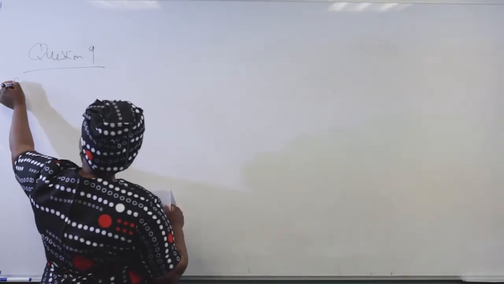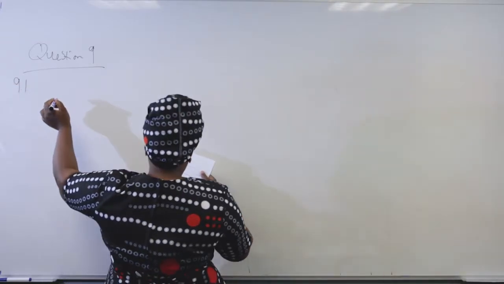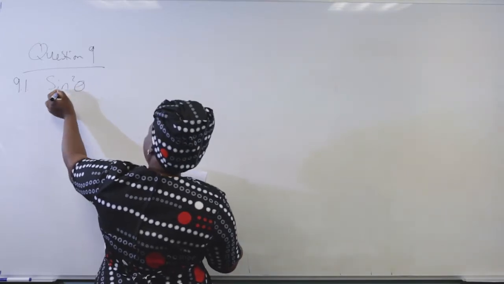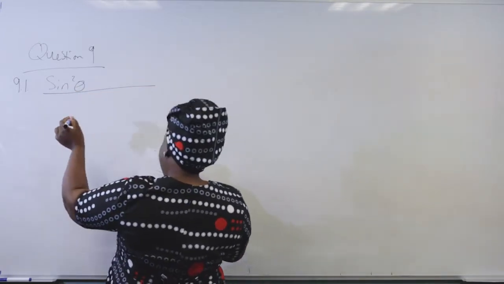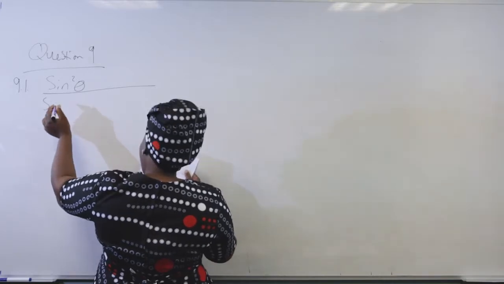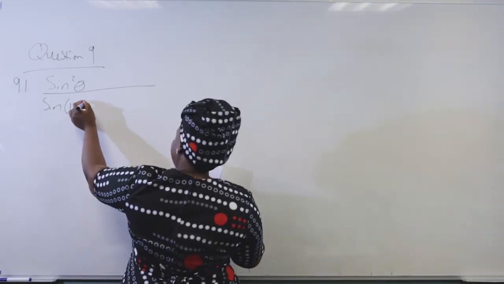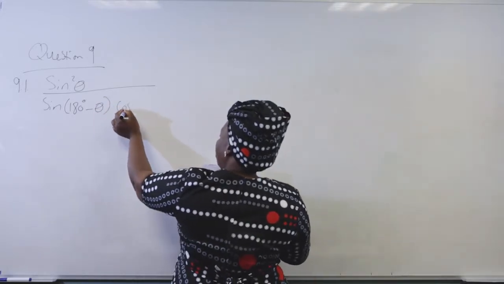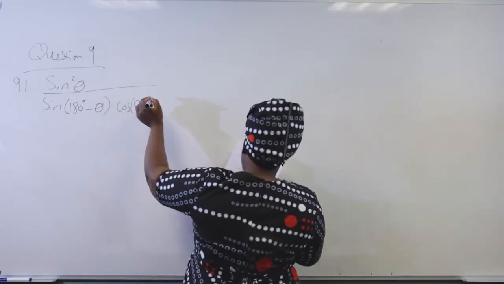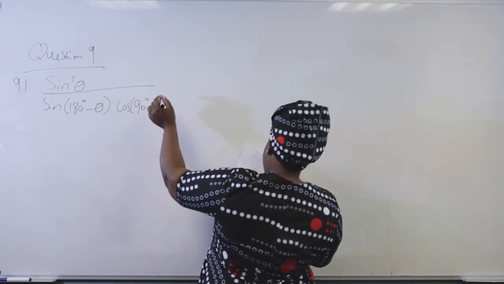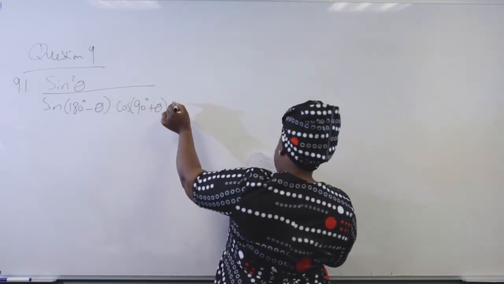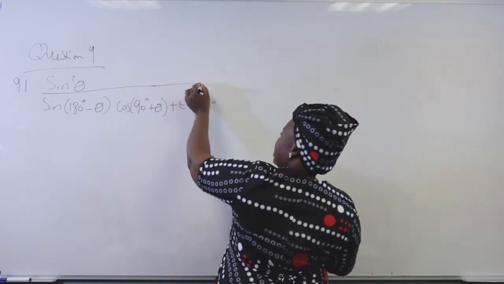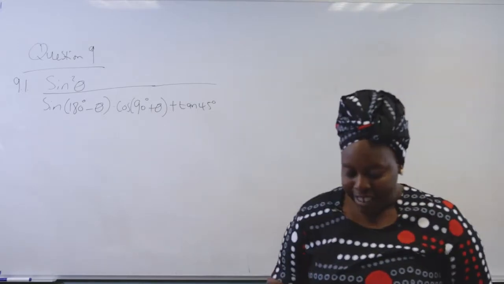The expression for 9.1 is given to us as sine squared of theta, all divided by sine of 180 degrees minus theta, multiplied by cos of 90 degrees plus theta, and plus tan of 45 degrees. So this is your expression that is given.